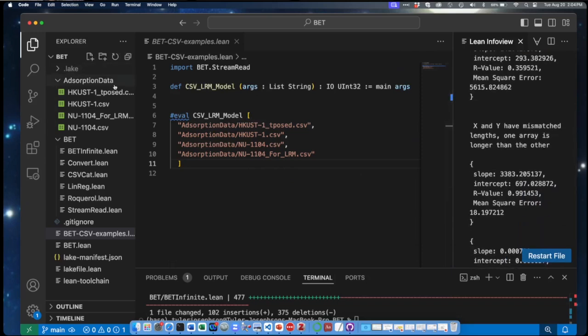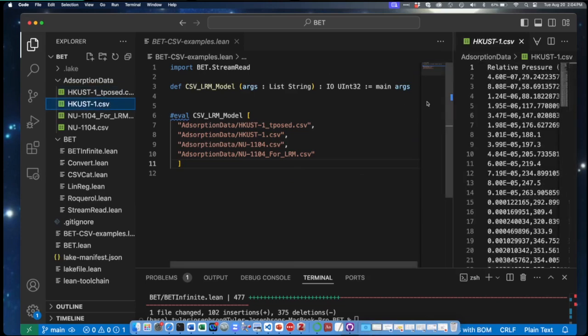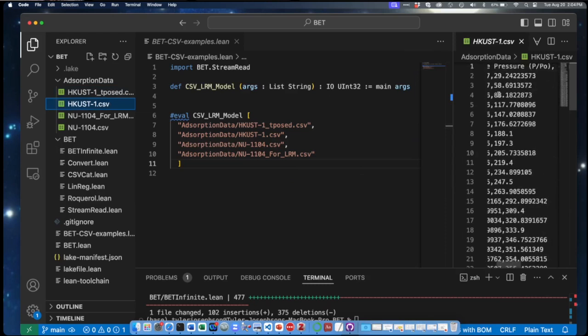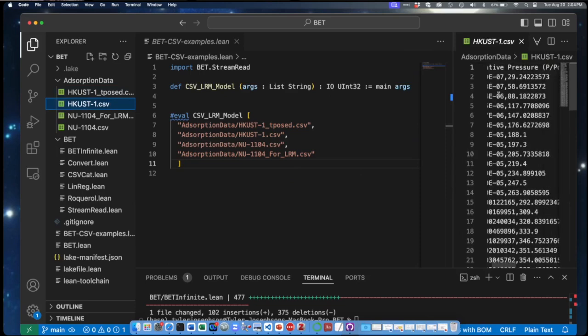The difference between these two CSV files, you can see: this one is 2 rows with a whole bunch of columns. This one is 2 columns with a whole bunch of rows. Wait, did I do that right?